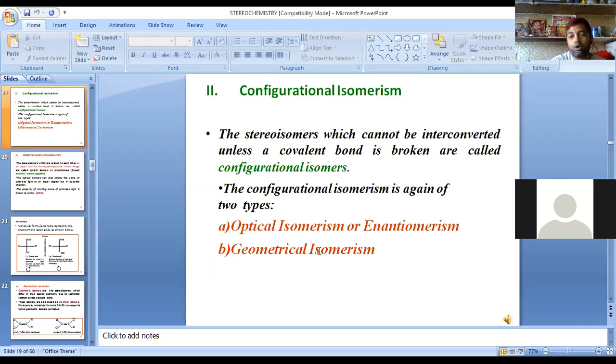Geometric isomers are E-Z isomers, or cis and trans isomers. Optical isomers or enantiomers we had discussed yesterday.